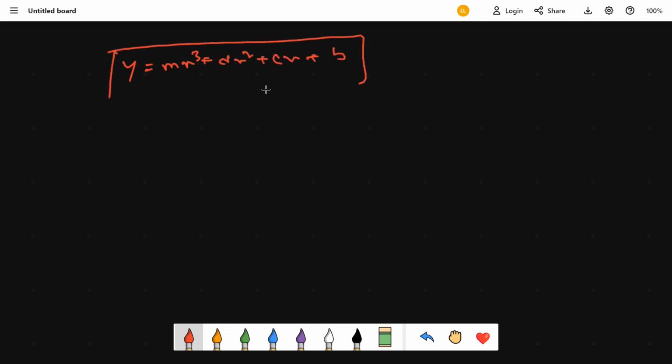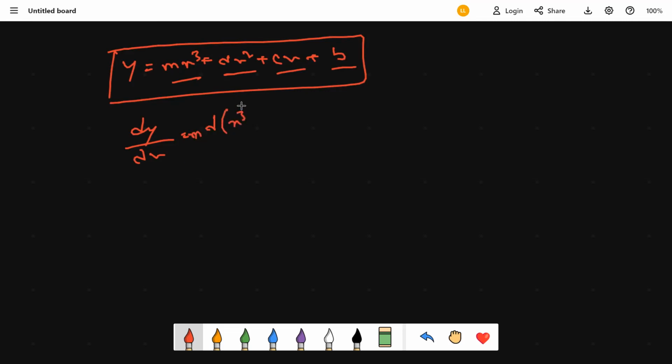Like this sort of equation, previously we saw that when we differentiate them, we implement the differentiation on each term individually. Since there's a constant term, we place the constant in front because it doesn't change.